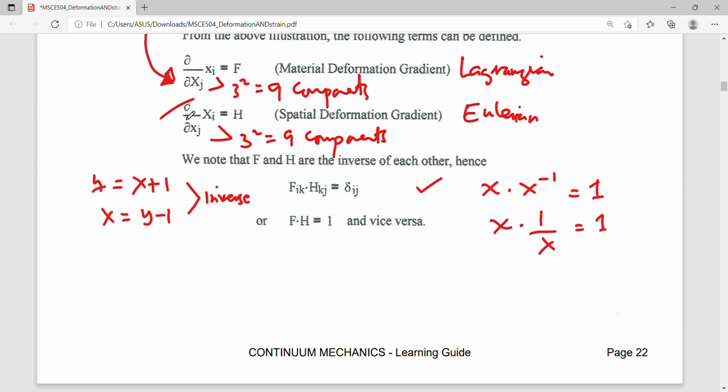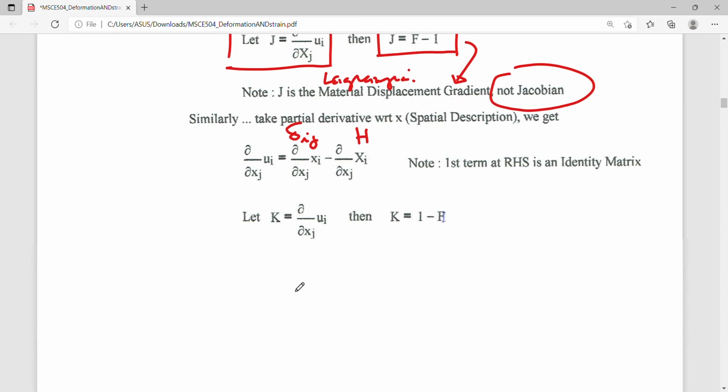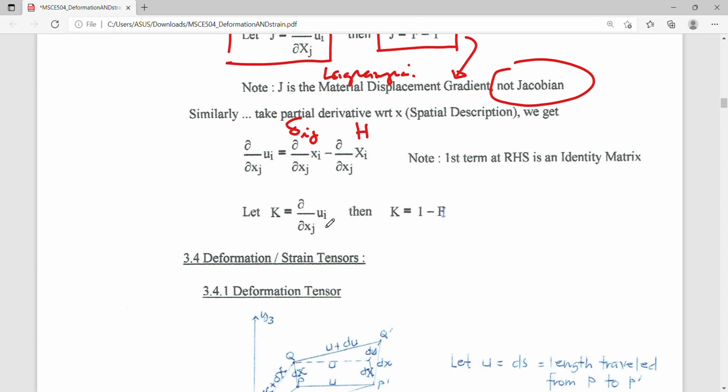And if we let k be this partial derivative of ui with respect to small xj, then simply k is equal to 1 minus h. So this is h.